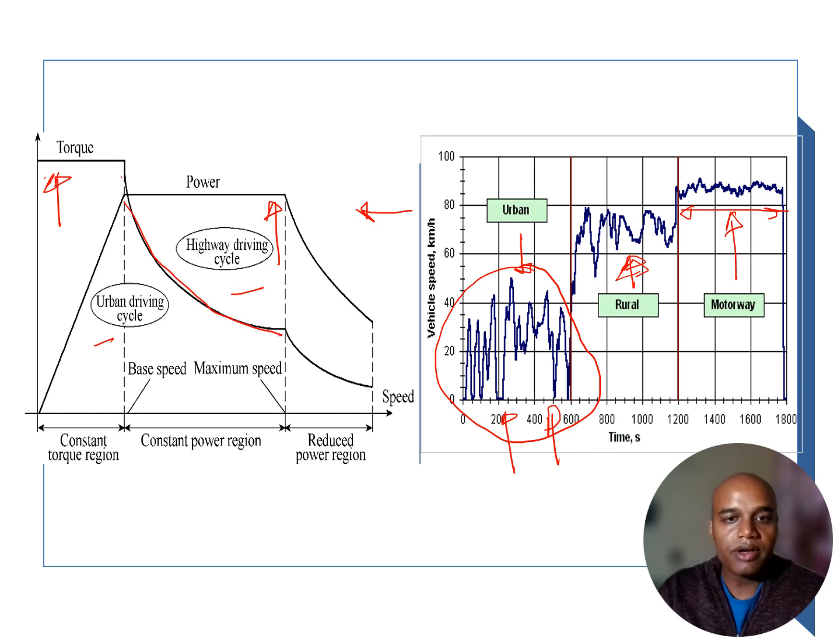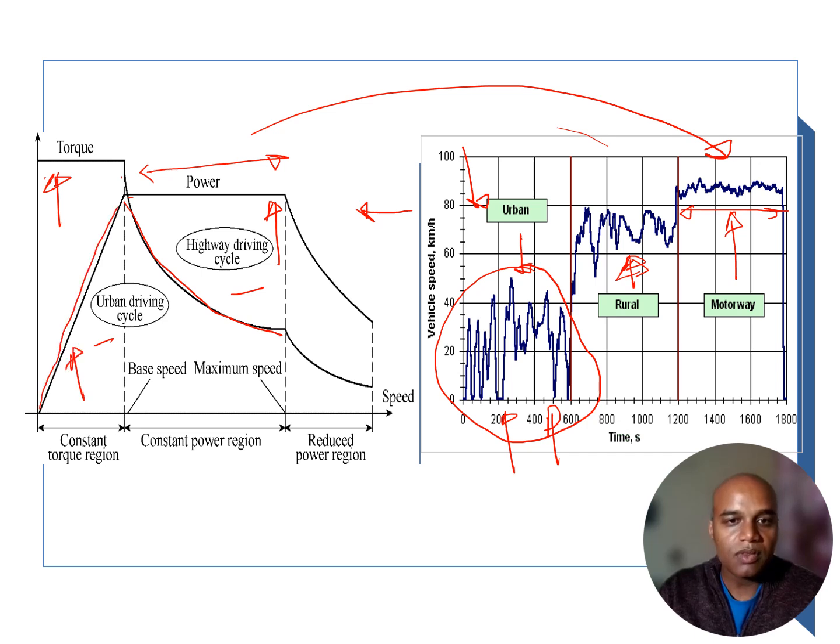However, the power required to run the EV on the highways remains constant, as we have seen that the highway drive cycle is something like constant speed. So the torque requirement goes down compared to the urban drive cycle, and the power remains constant. Whereas in the urban drive cycle, the power requirement goes up and the torque requirement is also high.